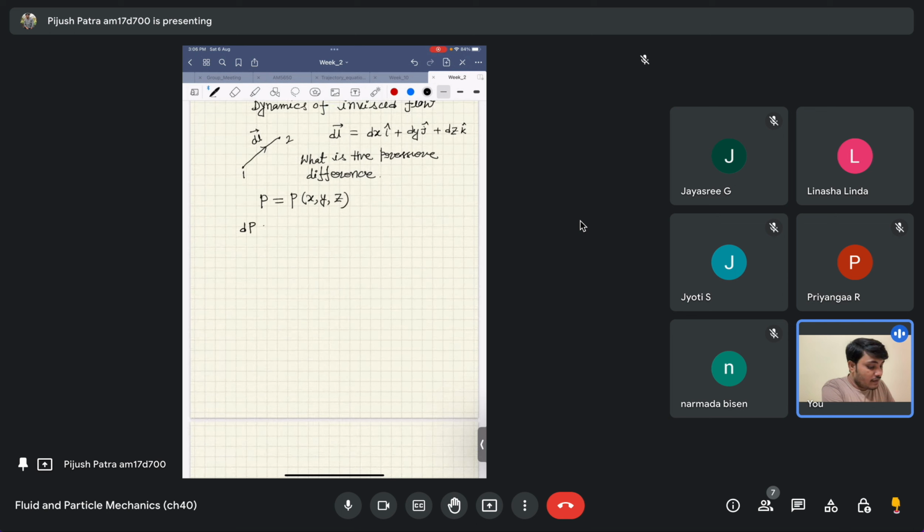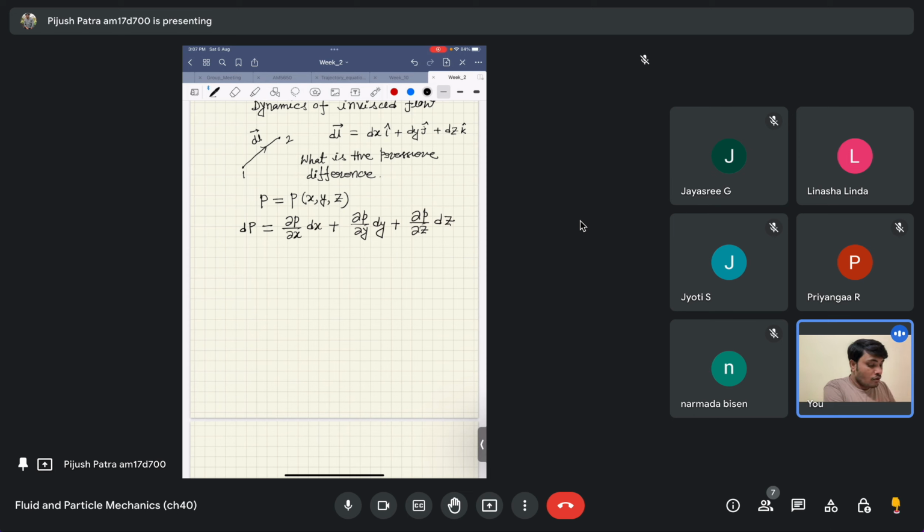So from the rule of partial derivatives, I can write it as dP equals dou P dou x into dx plus dou P dou y into dy plus dou P dou z into dz. Is that right so far?